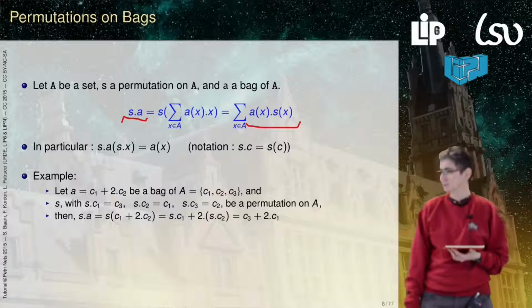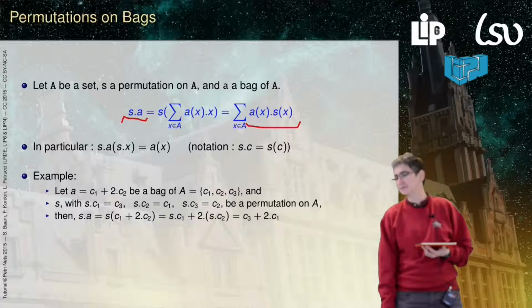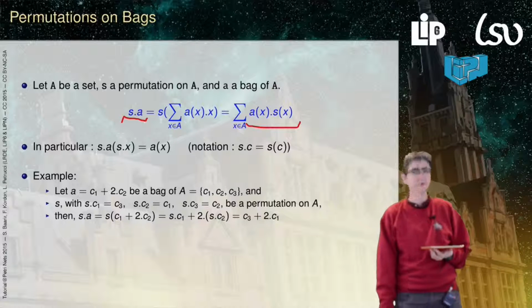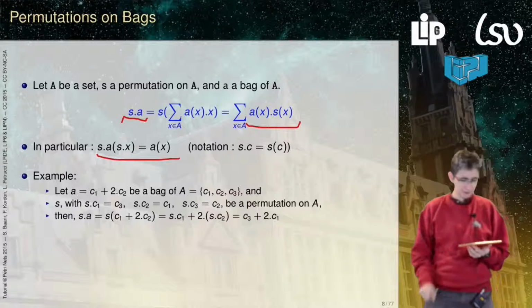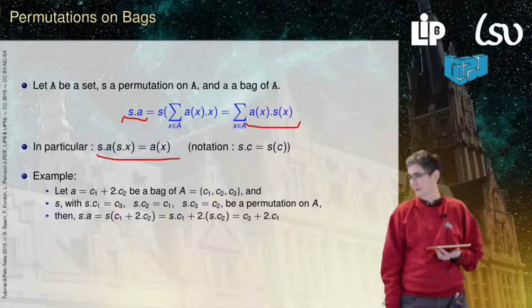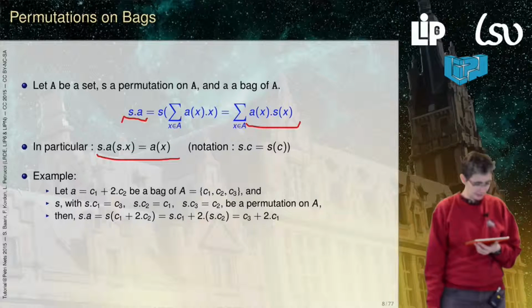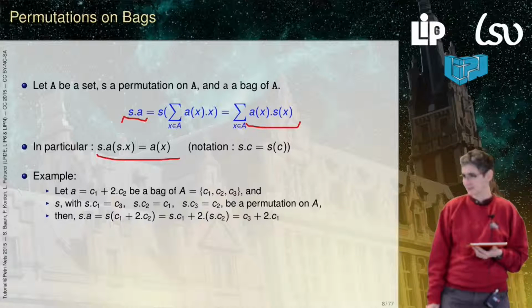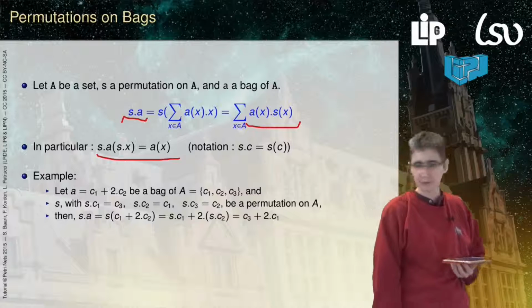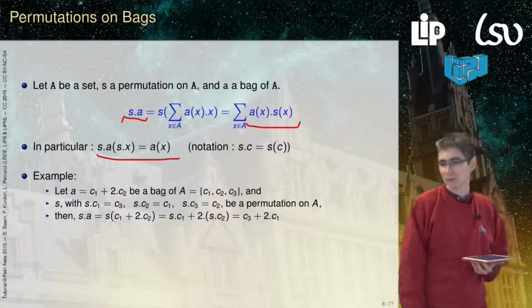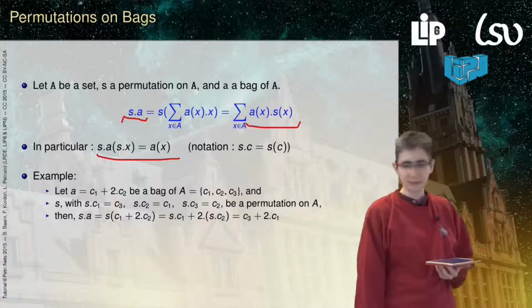We have some properties. In particular, if we apply twice the permutation, we obtain the initial element. So this is that part. And here we have an example. Let's take a bag C1 plus 2 C2 on the set C1, C2, C3.